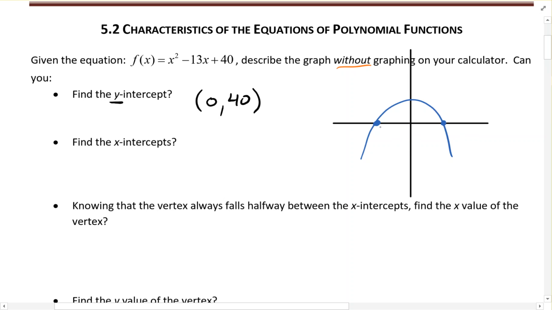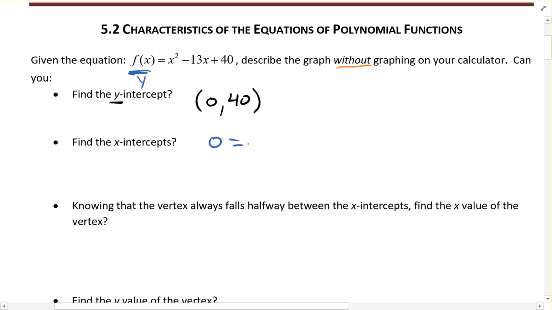So when y is equal to 0, we're saying what is x equal to? And that's a little bit tougher. We can write it out. So let's say instead of f of x or y, it's the same thing, right? Let's just write down 0 is equal to x squared minus 13x plus 40. And the reason why that's 0 is because y is equal to 0, right?